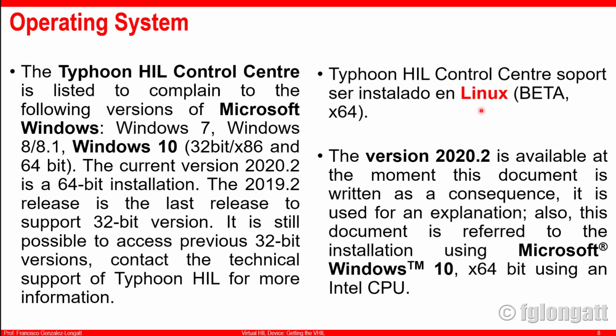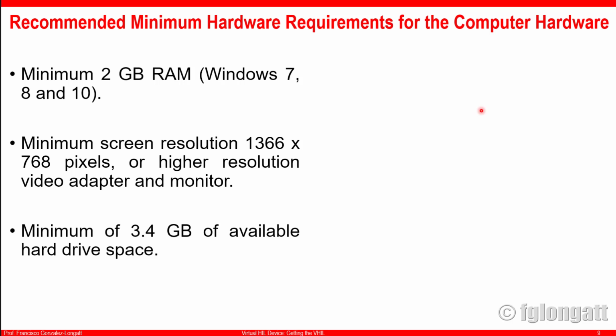In this video, we are in August 2020, and the version that is available is version 2020 Service Pack 2. The installer we are planning to use today is the Typhoon HIL Control Center version 2020 Service Pack 2. There is a minimum requirement for RAM memory, 2 gigabytes.